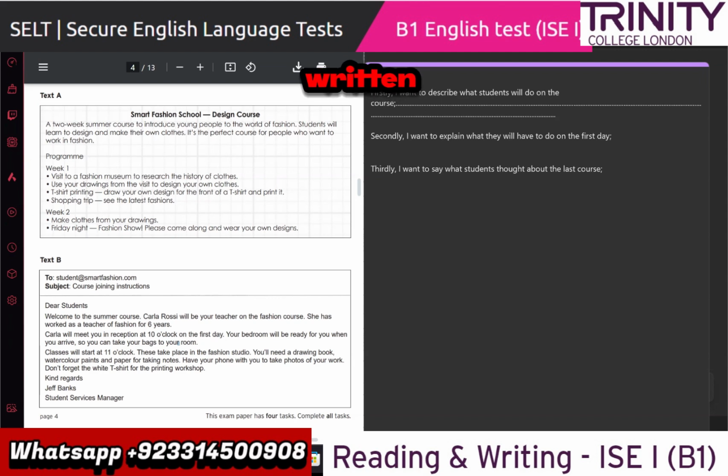Okay, sir, you've written here that firstly, I want to describe what students will do on the course. Design clothes, wrong spelling of design, and make their personal clothes. Sir, wrong spelling of clothes. You need to copy the correct spelling, sir. If we can't copy from the text, this means that there is difficulty in passing the test. Okay?